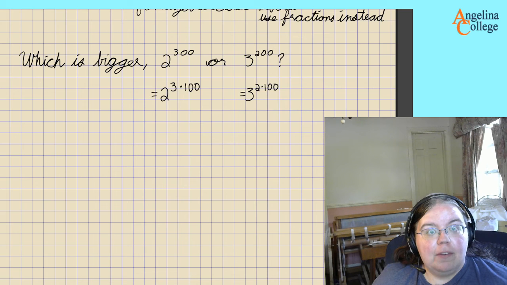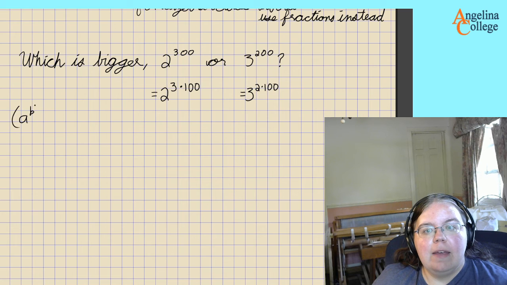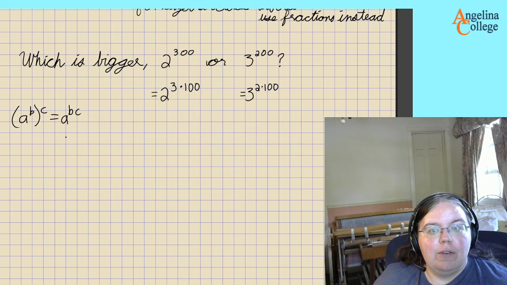Well, from one of our sections this week, the topic was exponent properties. And one thing that you would have noticed then is that if you have, say, a to the power b, then to the power c, you can rewrite that as a to the power b times c. You're allowed to reverse that also.